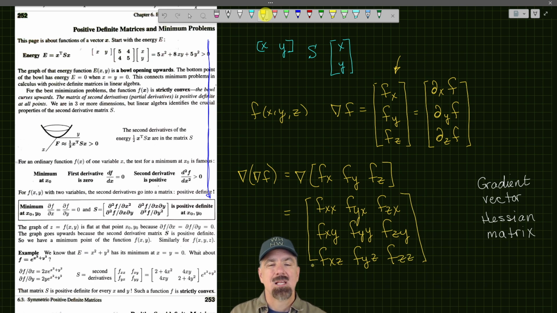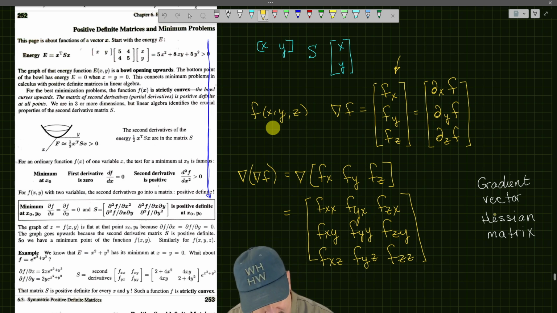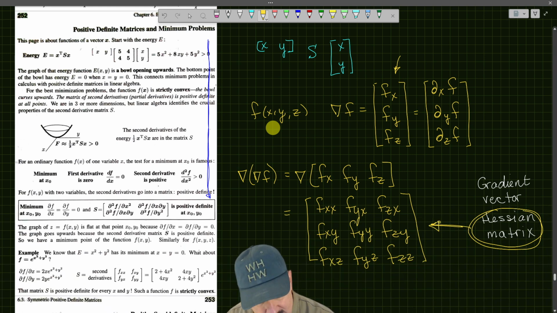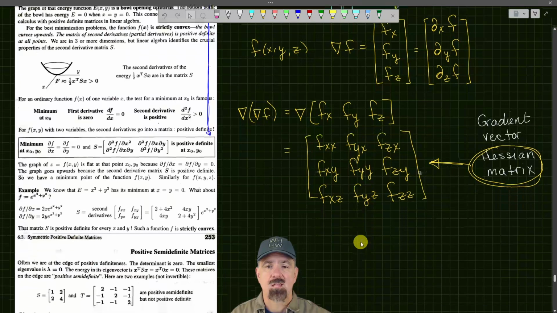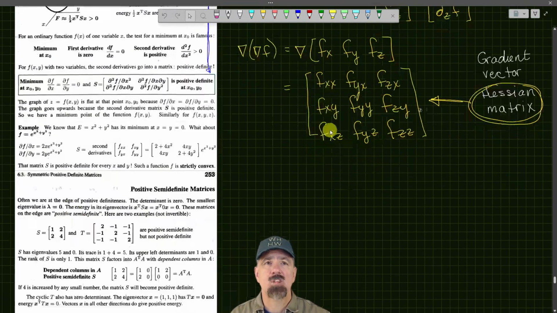This is the matrix that represents the second derivatives for some function with 3 independent variables. This is called the Hessian matrix. So the Hessian matrix is this rate of change of the rates of change. As long as we have a sufficiently smooth f, you can see it's going to be symmetric.